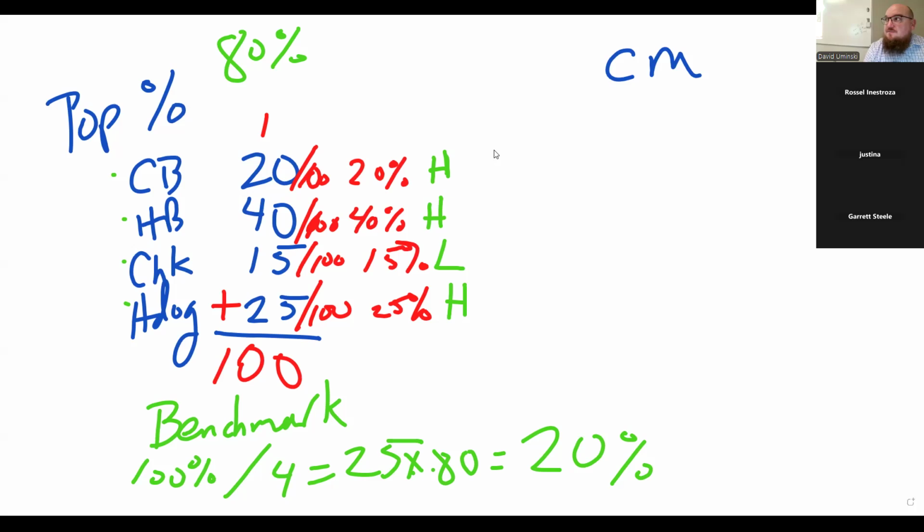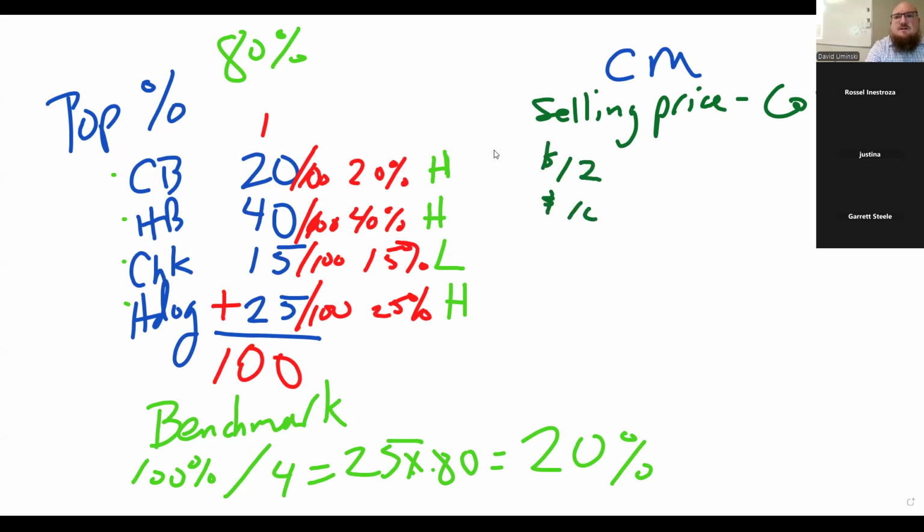Contribution margin, I'm just going to write out some numbers. Remember, that is our selling price minus our cost. So let's say we sell our cheeseburger for $12, our hamburger for $10, our chicken sandwich for $14, and our hot dog for $8.